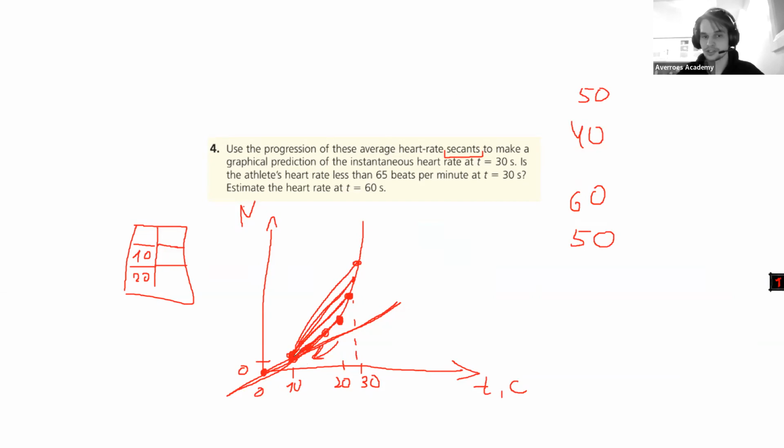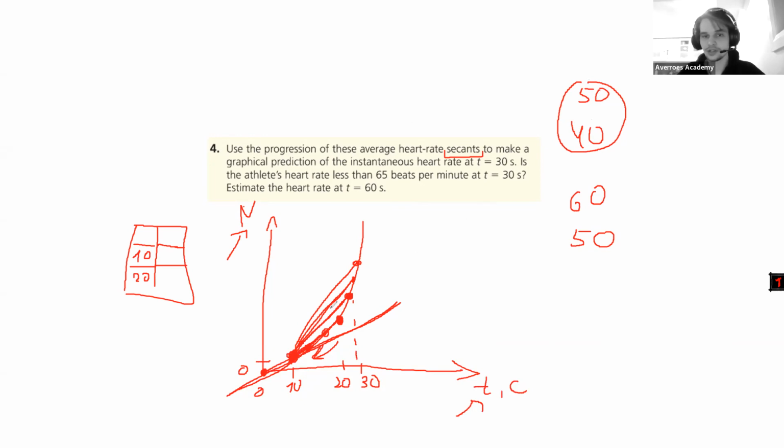So the reference point is 10 seconds and this is the second point in time. Basically coordinates 50 and 40, where 50 is the number of heartbeats and 40 is the number of seconds.